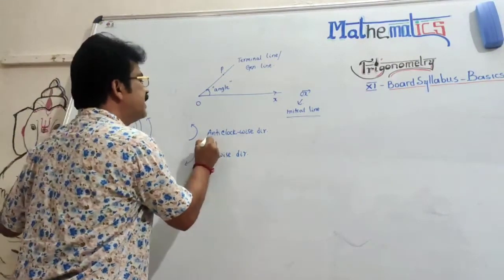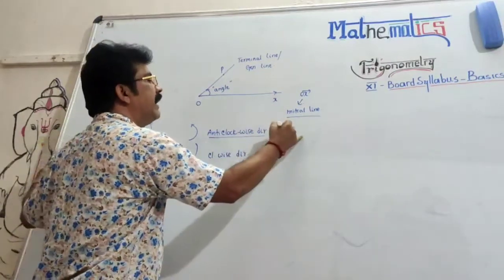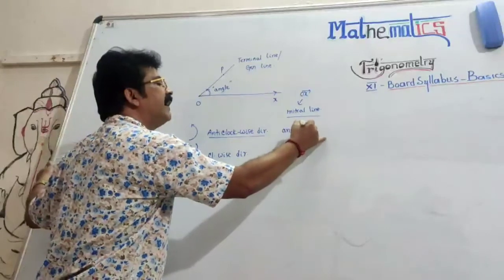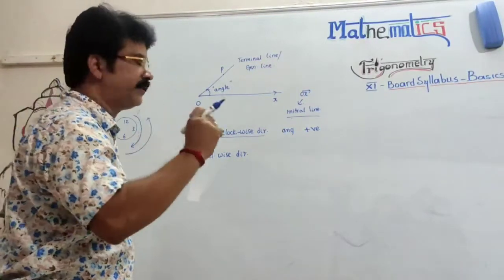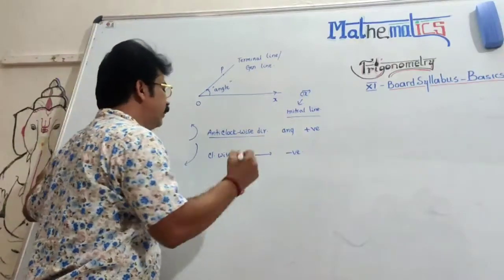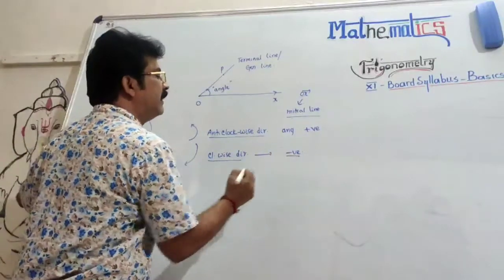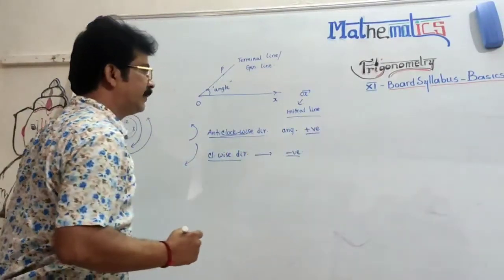If the rotation is in anti-clockwise direction, then the angle is treated as positive. Next, in clockwise direction it is negative. In anti-clockwise direction the angle is positive.